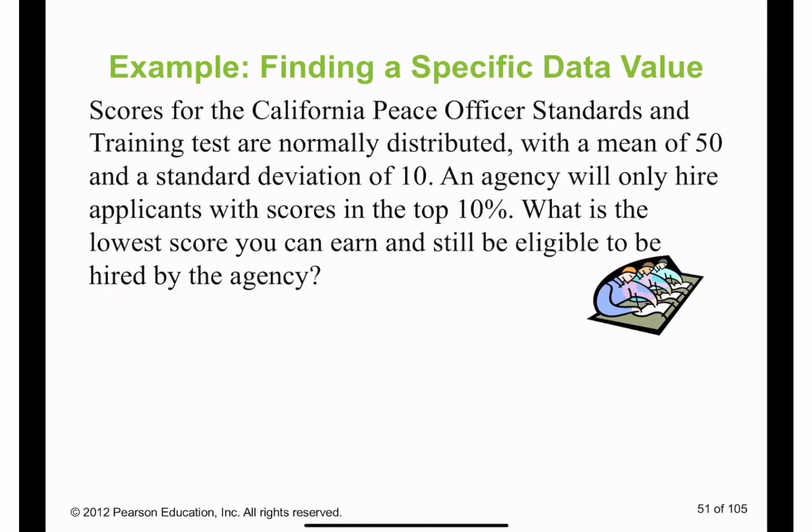Well, let's solve this one. Scores for the California Peace Officer Standards and Training Test are normally distributed with a mean of 50 and standard deviation 10. An agency will only hire applicants with a score in the top 10%.